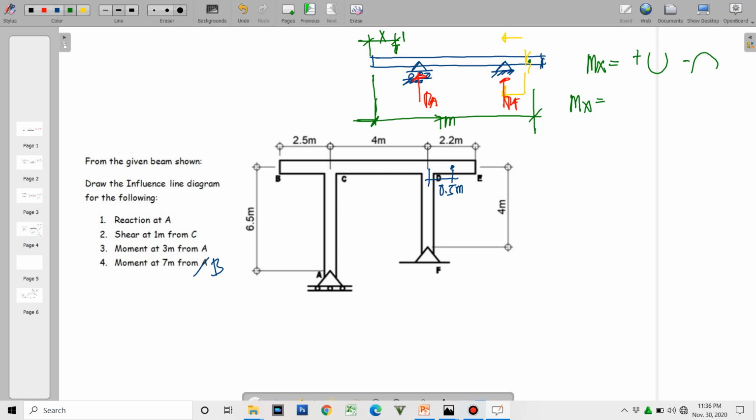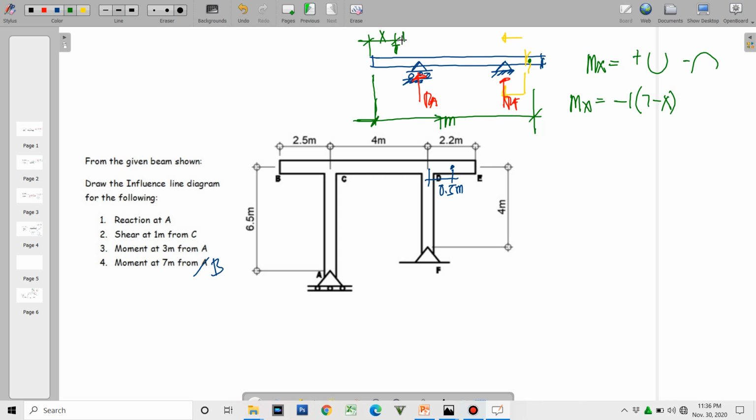We take moments at this point. That is a concave downward effect. So we have negative 1 times the moment arm 7 minus x.